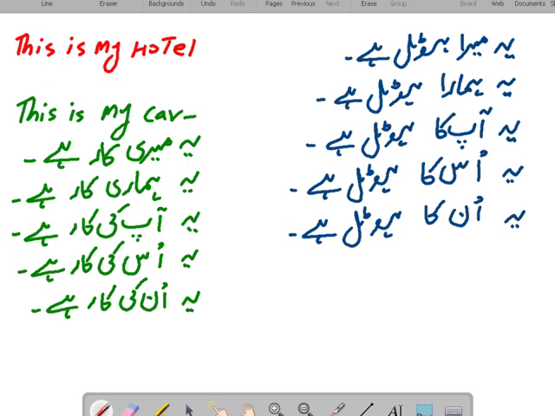We can also see another example for plural, like these are my children. Children in Urdu we call it बच्चे.